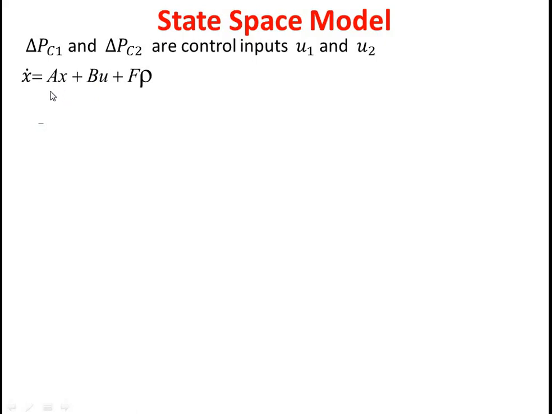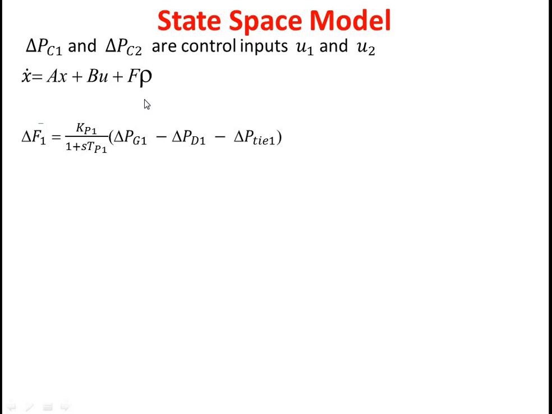So our first step is to obtain the matrix values for A, B and F. A is a matrix, the transmission matrix, that is the matrix of state variables, B is the input matrix for the control input vector U, and F is the disturbance matrix for the vector P. For obtaining such matrices, we require each and every stage of the two area load frequency control.